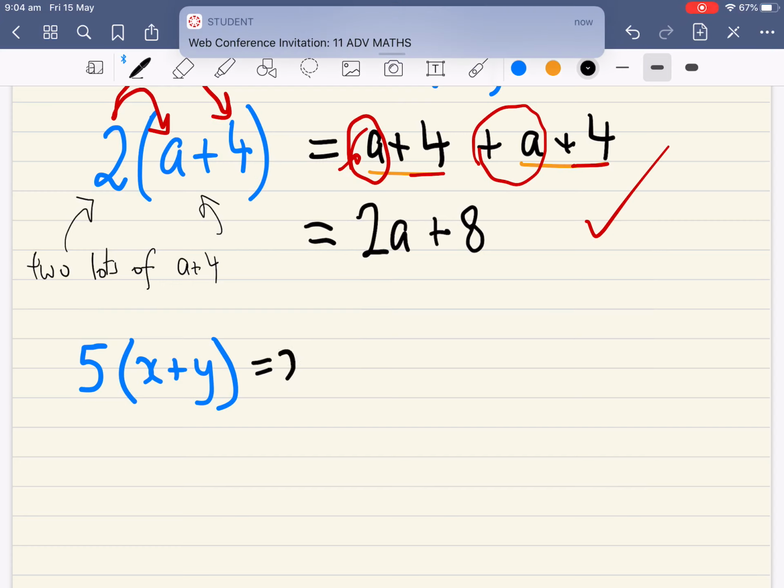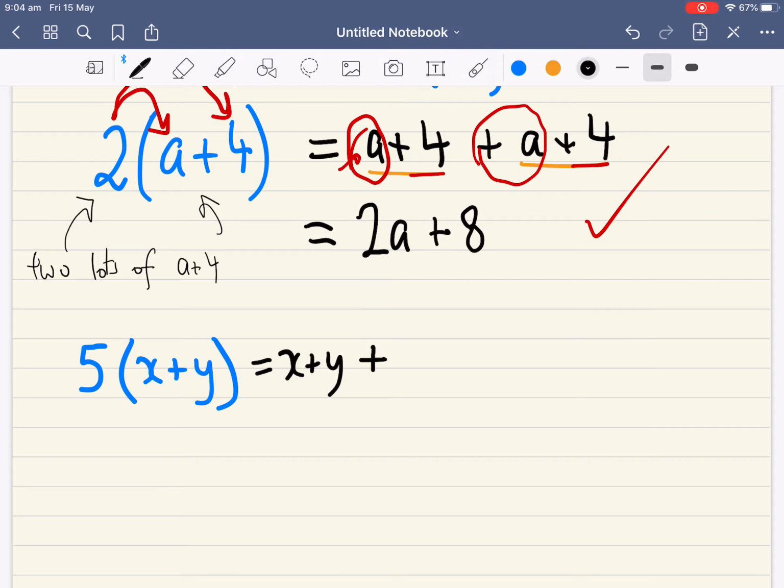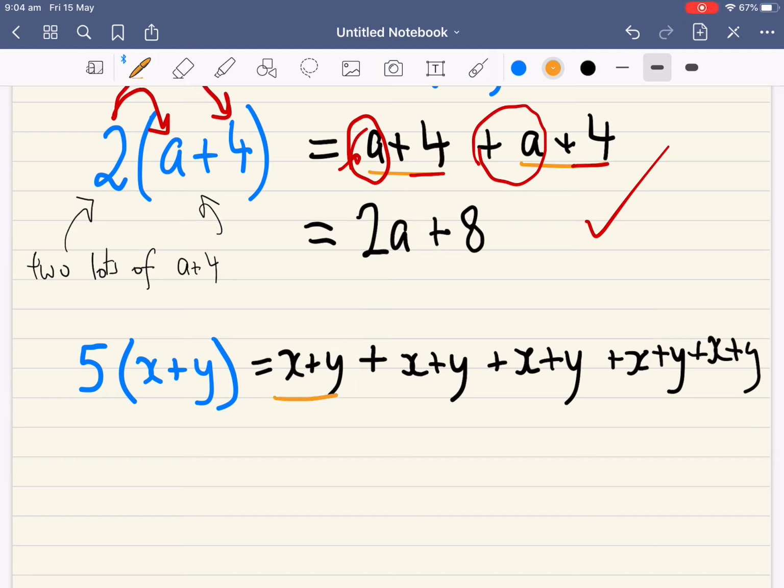Well, we've got 5 lots of x plus y. There's 1 lot plus another lot plus another lot plus, and you get the picture, right? There's 5 of them. And let's count them up, make sure I've got it right. 1, 2, 3, 4, 5. There is 5 lots of x plus y here.